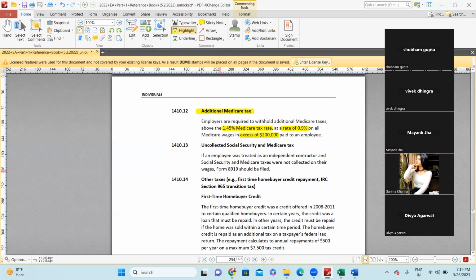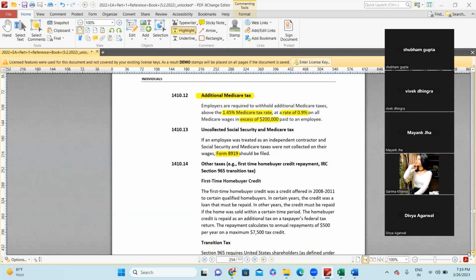So for example, if you have hired someone on a contractual basis and you are not deducting and depositing Social Security or Medicare, then you need to file Form 8919, in which you submit the details of whom you have hired as a contractor, how many hours they have worked, how much compensation you have paid, and how they are depositing their own Social Security and Medicare. So those declarations will go.